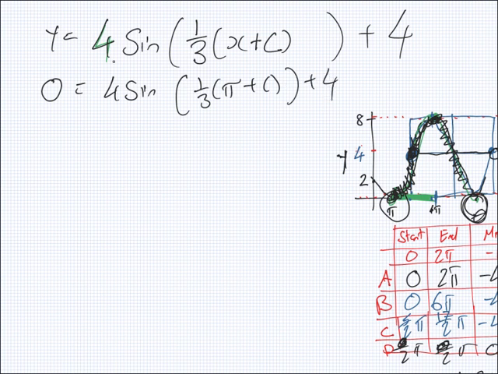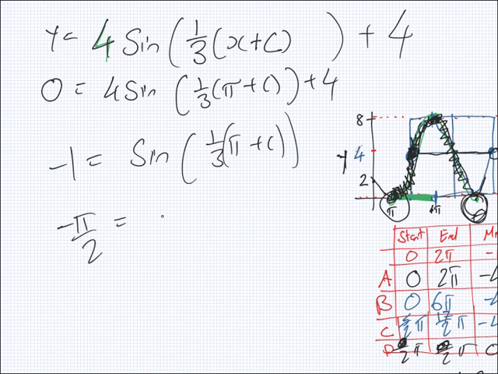Bring the 4 to the left, becomes -4. Divide by 4, -1. Now, can someone just type in sine inverse of -1? What do you get? Minus pi over 2. So minus pi over 2 equals pi over 3 plus c over 3.